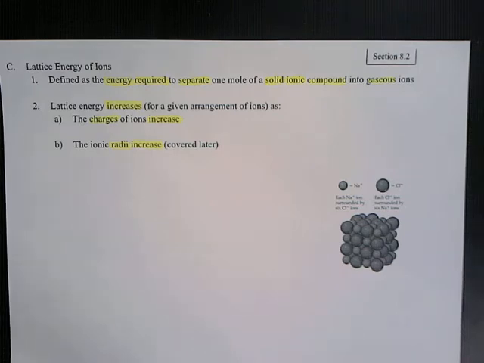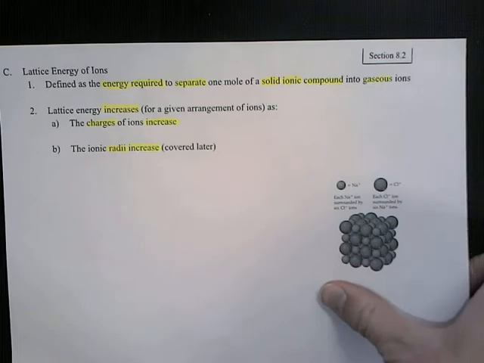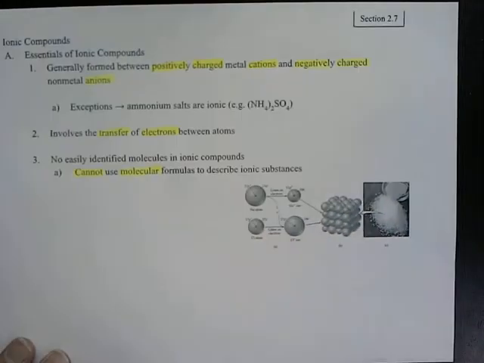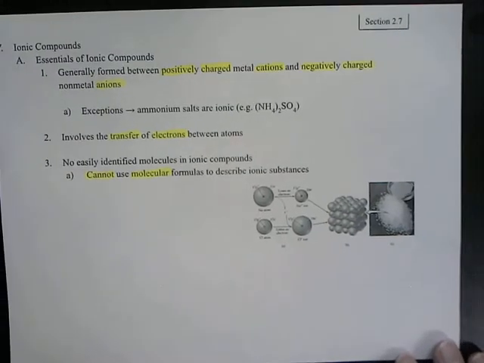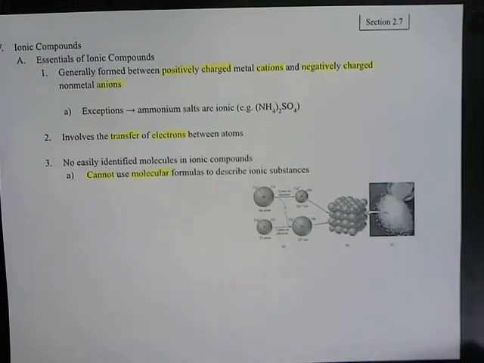All right, so let's get into some other details here of ionic compounds. Bottom line up front, they will gain or lose electrons, form that electrostatic interaction, and that's how they form that ionic bond. Now, ionic compounds are going to occur between a positively charged cation and a negatively charged anion. There are some exceptions. We're not really going to go down that rabbit hole.